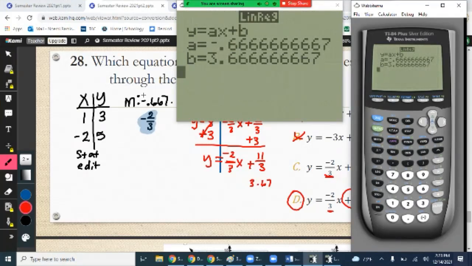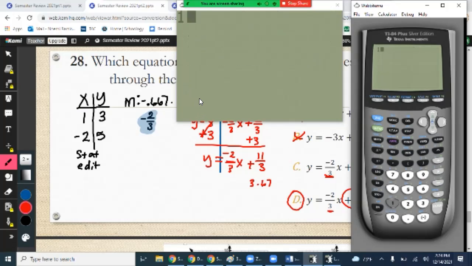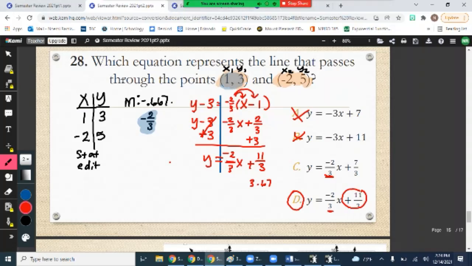Oh, so are my answer choices wrong? But 3.67 is 11/3. Yeah, watch, 11 divided by 3, 3.67.